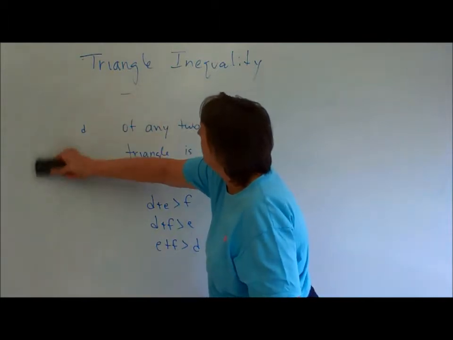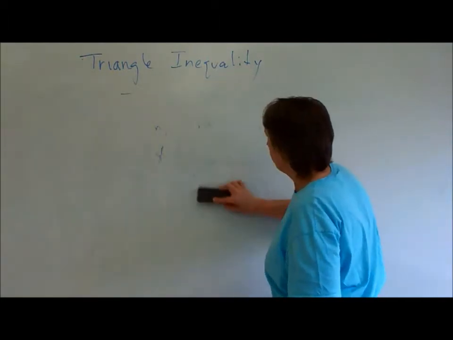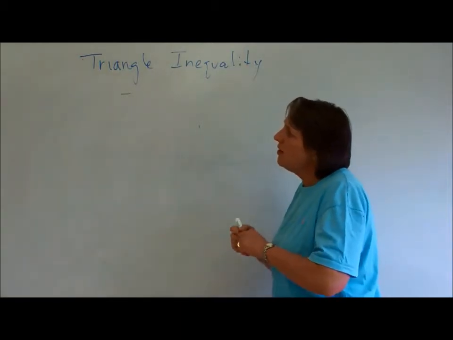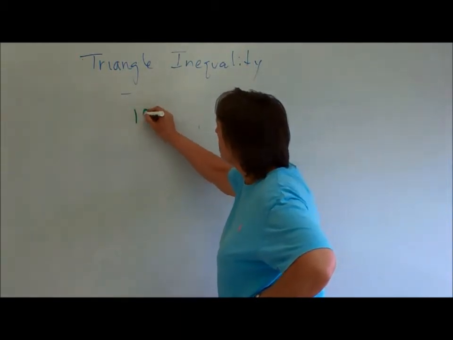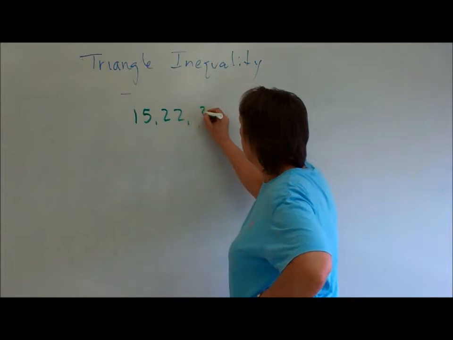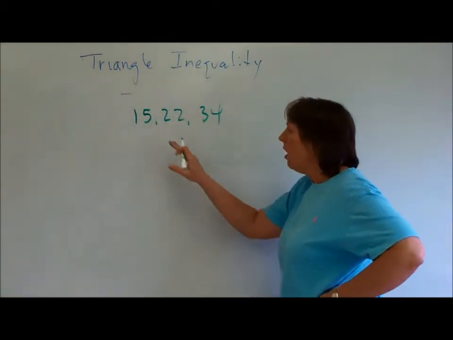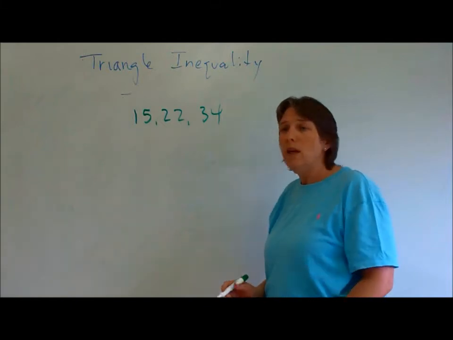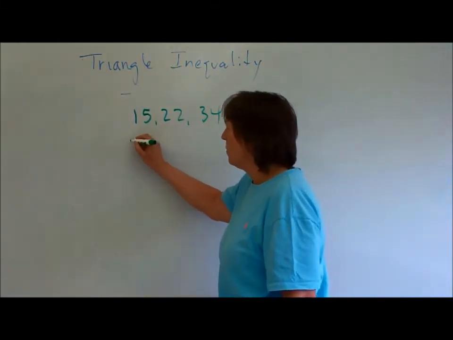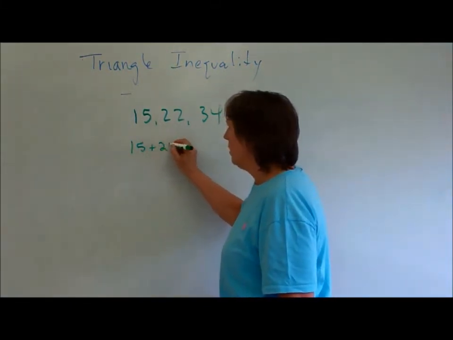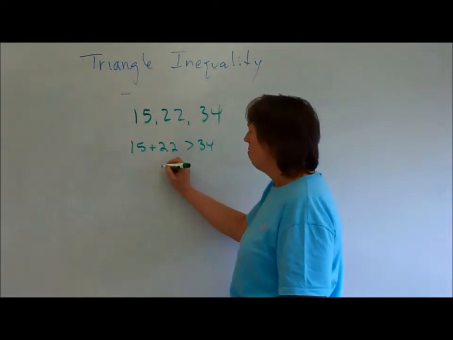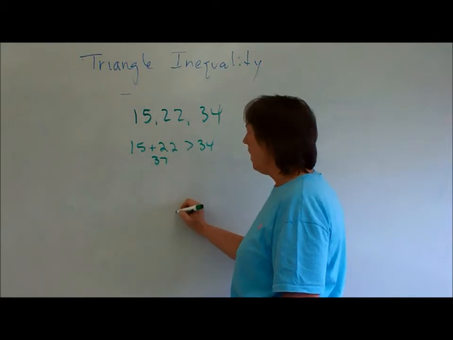I'm going to give you a couple of examples. If I give you the measurements 15, 22, and 34, are these the three sides of a triangle? You immediately begin to add them up. 15 plus 22 is greater than 34. Is that true? 37. Yeah, that's true.